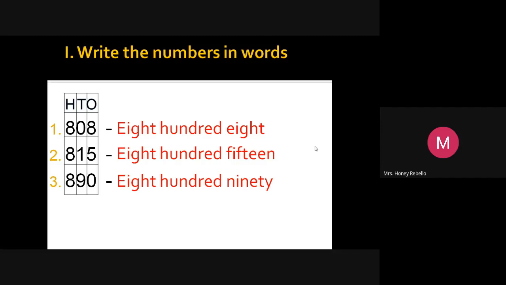You must not touch that line. But when you write the spellings of these numbers, that is numbers in words, you have to write on the line. 808. 815.